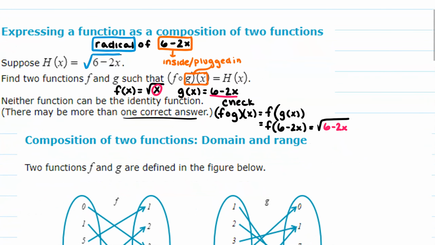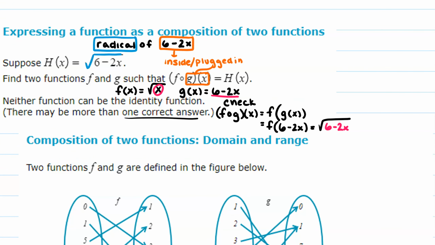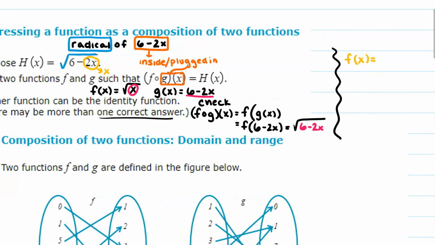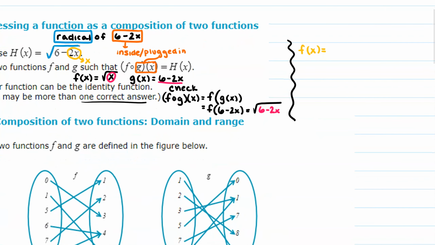Now, another way we could do this is we could say that this part, let me get a different color, this part here is my original x. So my f of x function, my outside function, would be radical of 6 minus x, and then my g of x function, the thing I'm plugging in, is 2x.